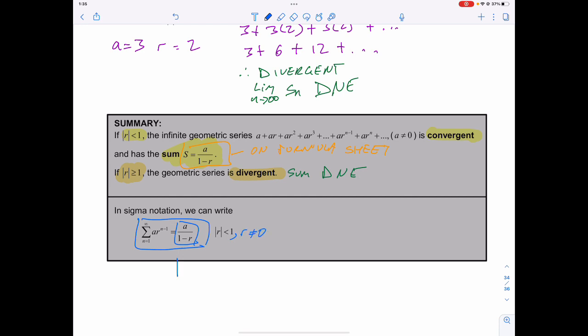This is not on the formula sheet. So make sure you understand and know how to do the sigma notation.